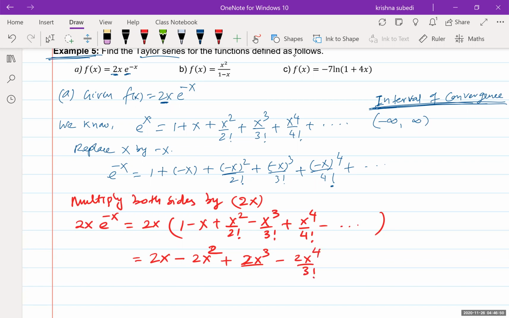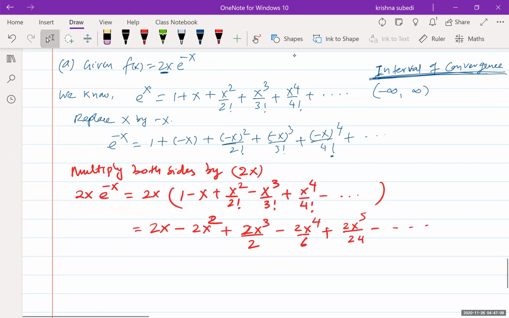Factorial 2 means 2. Factorial 3 means 6. Factorial 4 means 24, and so on.